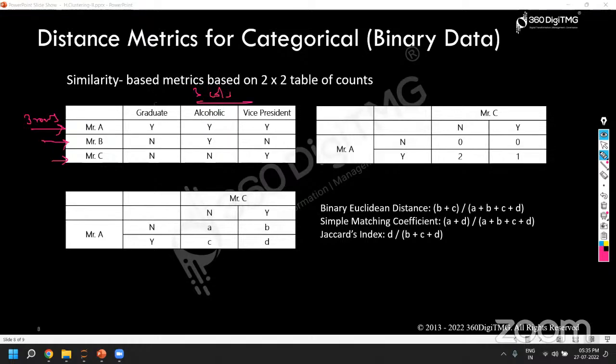Within these data points, column 1, column 2, column 3, x1, x2, x3, the values that we have are binary values. So data is only binary. In this case, if I have to measure the similarity between the rows, A and B, or A and C, or B and C, then we can only do the comparison. We cannot do arithmetic difference calculation. We cannot do a subtraction.